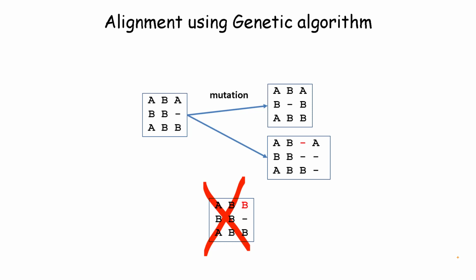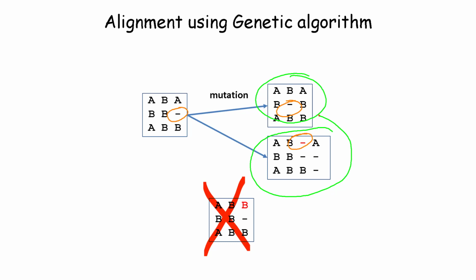In order to mutate an individual solution, you can take an existing gap in one of the sequences and move it around somewhere else within the same sequence. Or you can introduce a new gap in one of the sequences. Each new individual you create by mutations is going to be a valid solution. It may not be the best one, but it should still be a potential answer to the multiple alignment problem.